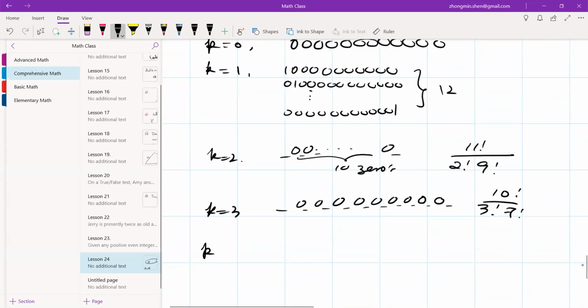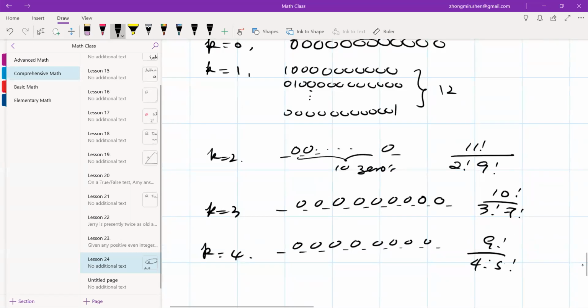Then k equals 4. Then you have 8 zeros left, and you have 9 spaces you can choose. So 9 factorial over 4 factorial and 5 factorial. And just keep it going.